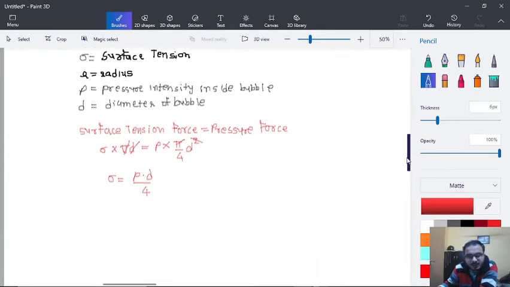And if we require to obtain the value of pressure in this case, then pressure will be equal to 4 sigma upon D. So this will be the formula for pressure.